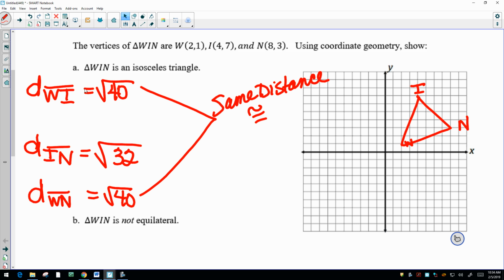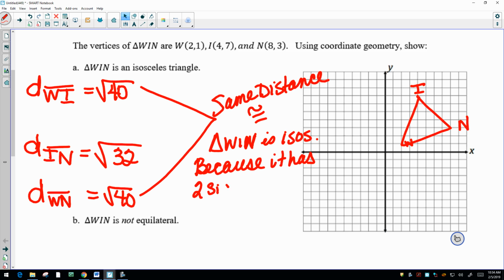Just like any other coordinate proof, you need to end this with a statement. So we could say here, triangle WIN is isosceles because two sides are congruent. They're the same length.